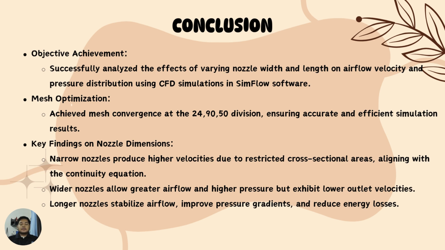The findings showed that narrow nozzles produce higher velocity due to restricted cross-sectional areas, aligning with the continuity equation. Wider nozzles allow greater airflow and higher pressure, while longer nozzles stabilize airflow and reduce energy losses.